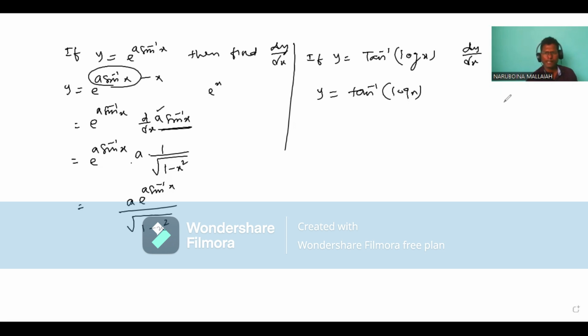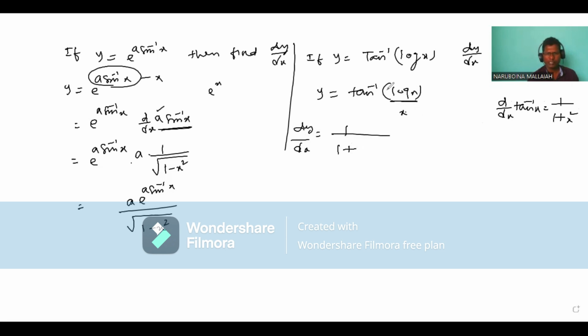Recall this formula: derivative of tan inverse x is 1 by 1 plus x square. Now I am writing dy by dx. In the place of x, here we have log x. So for tan inverse x, the derivative is 1 by 1 plus x square.